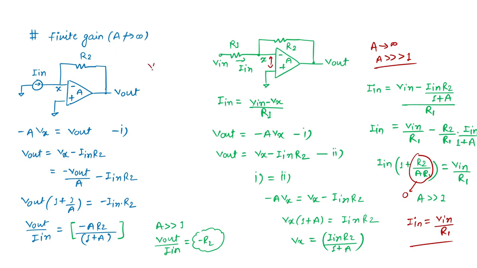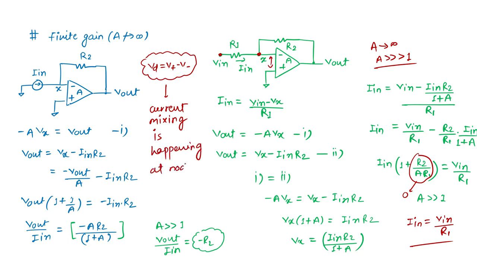What is V_D? It is V positive minus V negative for this amplifier. Input has no direct relation with the difference voltage; rather the output is fed back at node x, while input has a different node. So overall we can say there is current mixing happening at node X.